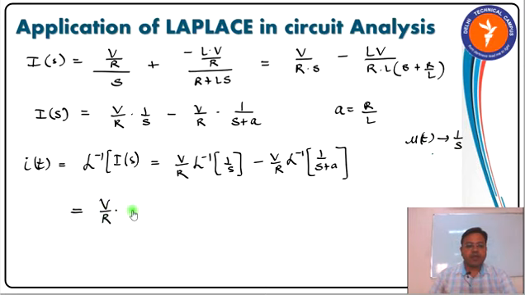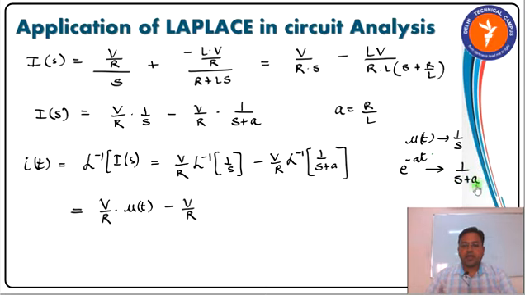So it will be V by R into u(t) minus V by R into the inverse of 1 by s plus A. If you remember, e raised to power minus at had a Laplace transform of 1 by s plus A. So the Laplace inverse of 1 by s plus A would be e raised to power minus at. So over here I will write e raised to power minus at, where A is R by L, so I can write R by L t directly like this.